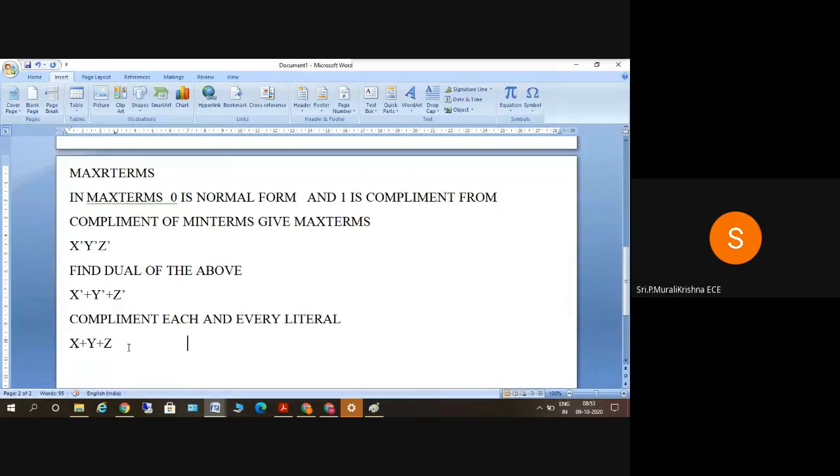Okay, so 0 is the normal form and 1 is the complement form. So what is this x plus y plus z here? It is the input combination of 0 0 and 0. Max term is defined as the OR operation of the possible input combinations.